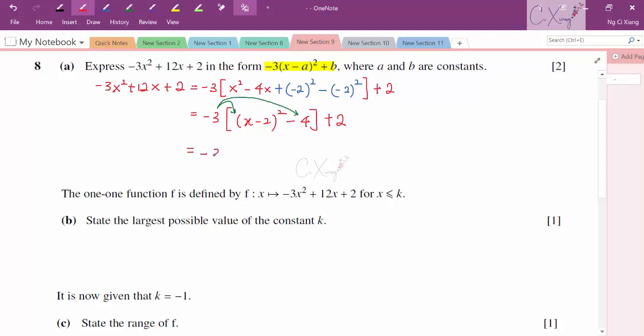And I'm having negative 3 (x minus 2) squared plus 12 plus 2. And I end up having this as my answer: negative 3 (x minus 2) squared plus 14. Okay, so this is the completed square form for my expression here.